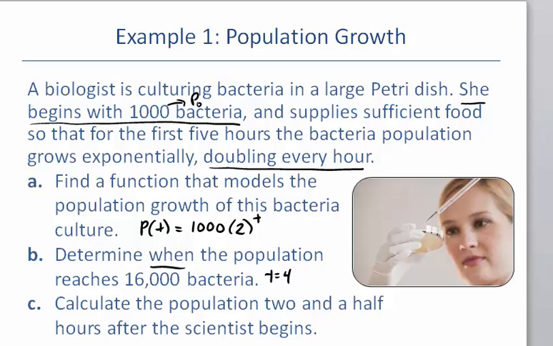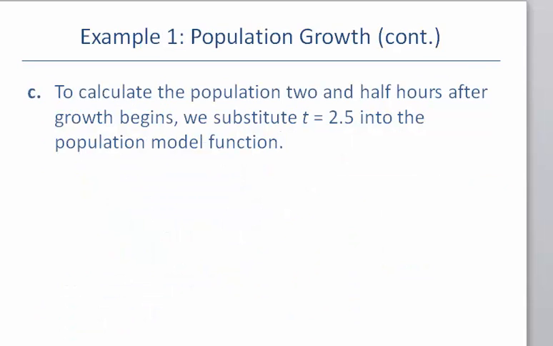Part C asks us to calculate the population 2.5 hours after the scientist begins. So we want to find the population and we're given the time. So for part C, we know that 2.5 hours will be our time. We're going to substitute in 2.5, as a decimal, into our formula. So again, our formula looks like P of t is equal to 1,000 times 2 raised to the t power.